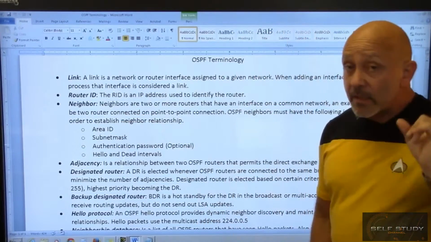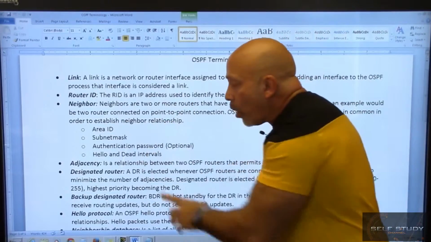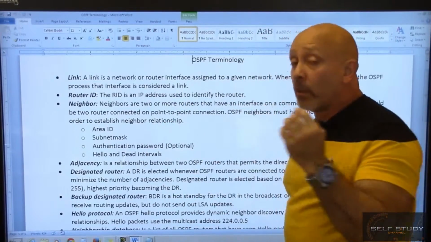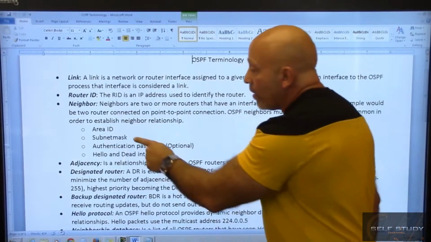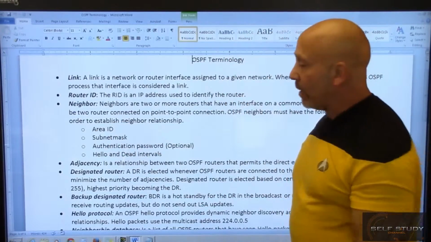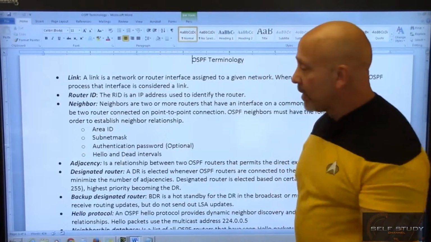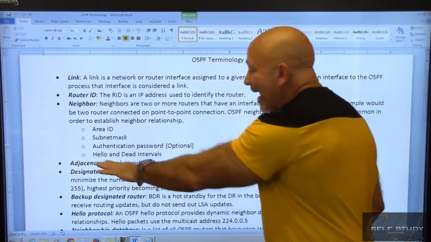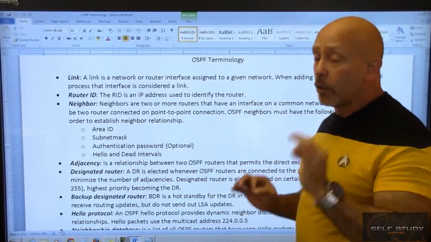Neighbors. This is important. In order to qualify to be a neighbor, and remember, we're talking about single area OSPF, the area must be the same. The subnet mask must be the same. Authentication is optional if you want to configure it. And the hello and dead intervals are crucial.